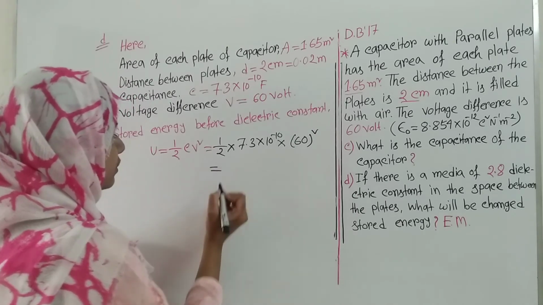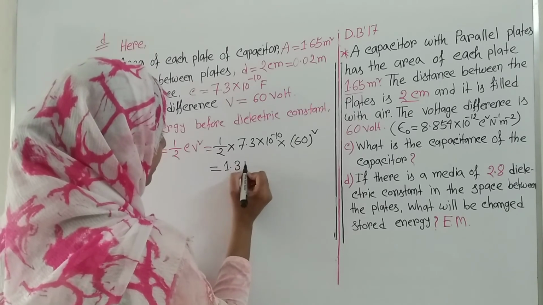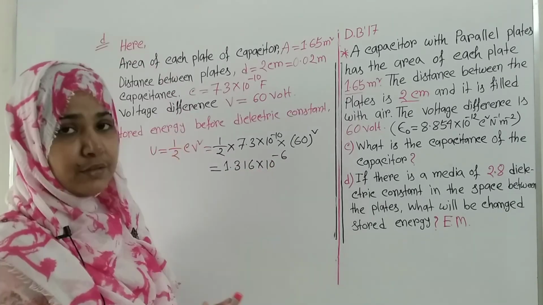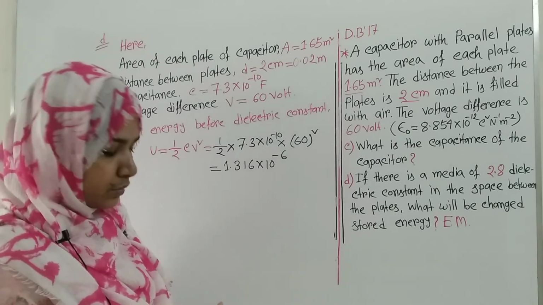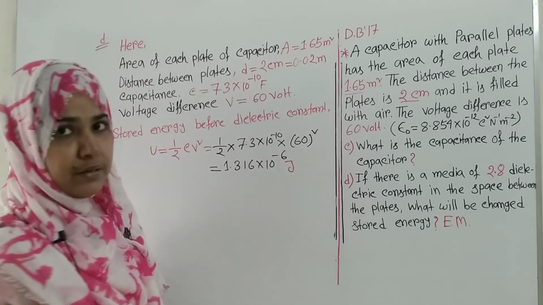So the stored energy will be 1.316 into 10 inverse 6 as calculated. So the unit of U will be J.